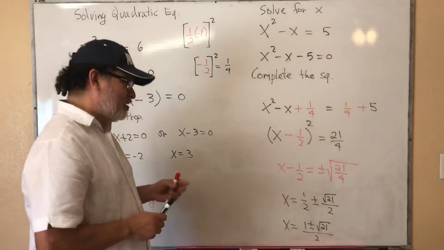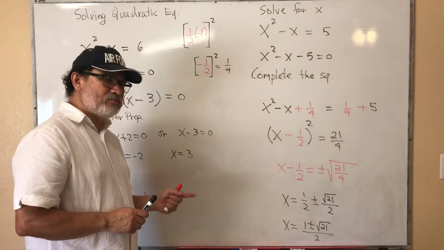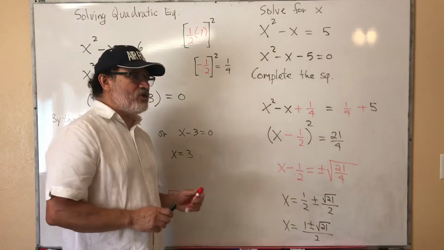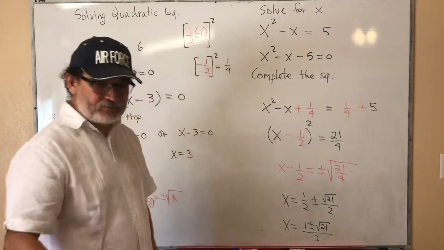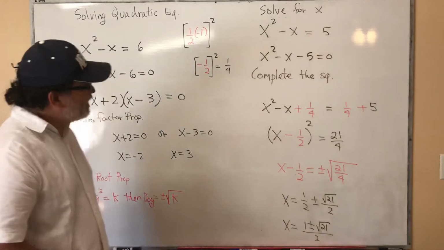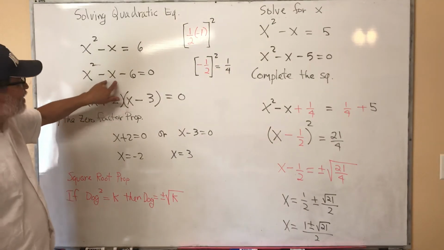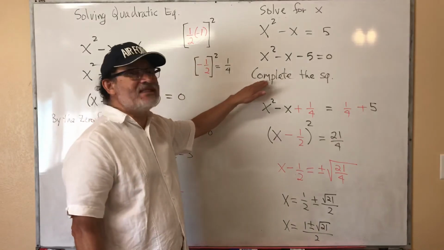And this is going to be two answers, okay? And they are both irrational answers, okay? But the point is, guys, that anytime this is not factorable, no problem. We can complete the square.